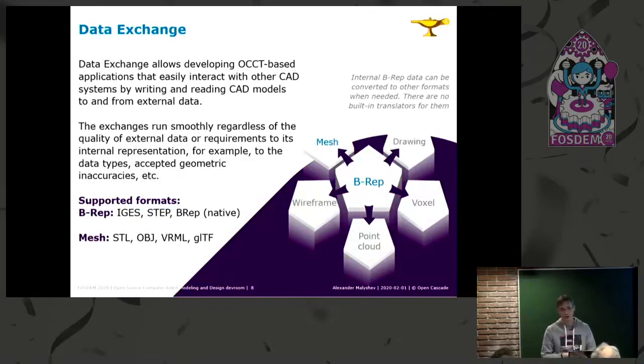Other representation schemes like drawings, voxels, point clouds, wireframe can be constructed from internal BREP structure, but there is no built-in translator for them. Once again, there is a dedicated demo demonstrating how we can create a model, colorize faces, and save it on a disk and check it in some other software.